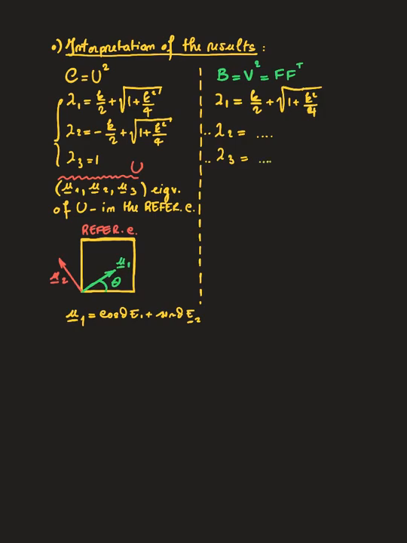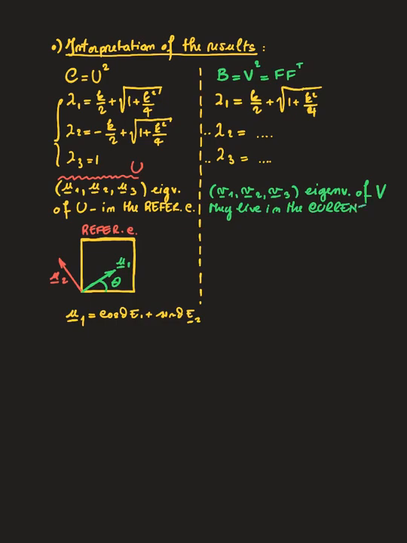But, and we don't do it, I'm just anticipating what it means mechanically, you would find that the eigenvectors v1, v2, and v3 of V and of B, of course, live in the current configuration, okay?